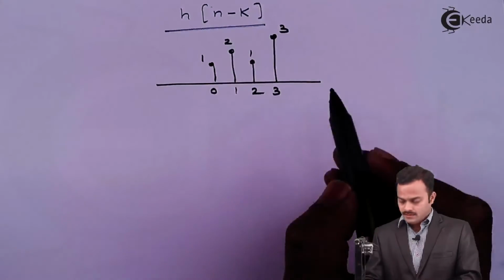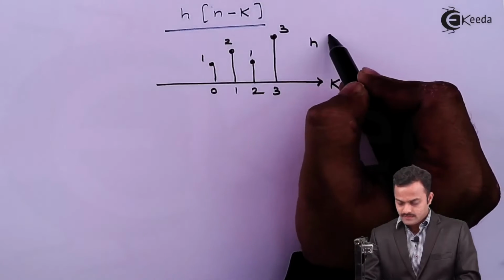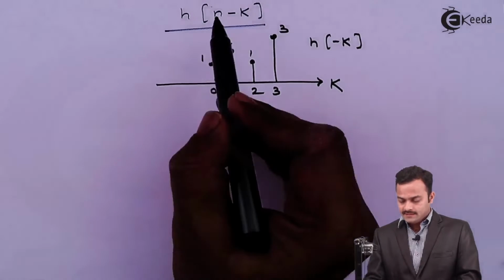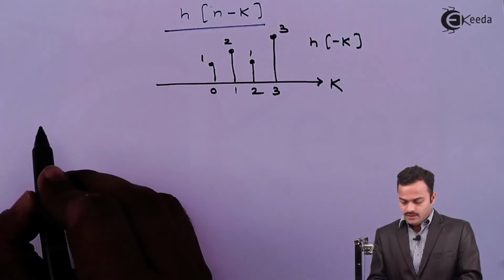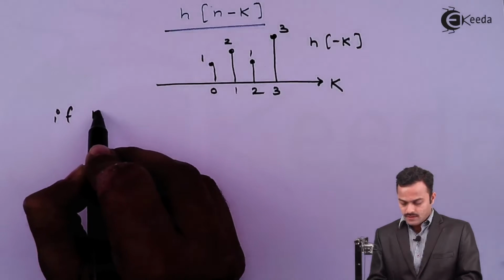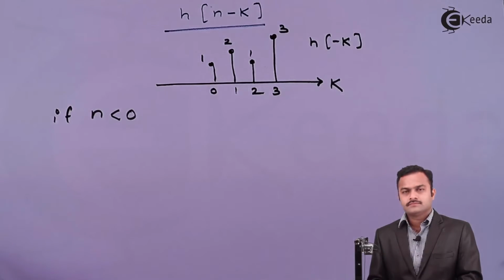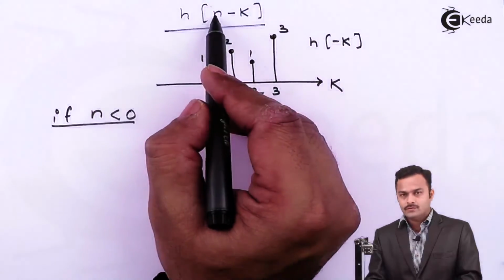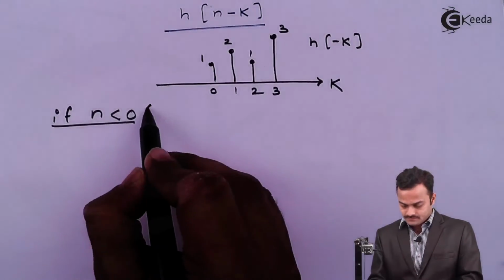I'll consider this as a k-axis and this sequence is h of minus k. As I said earlier, this n will decide whether it is time delay or time advance. So if n is less than 0, then these terms are negative. So remember, whenever the shift is negative, that is a time delay.